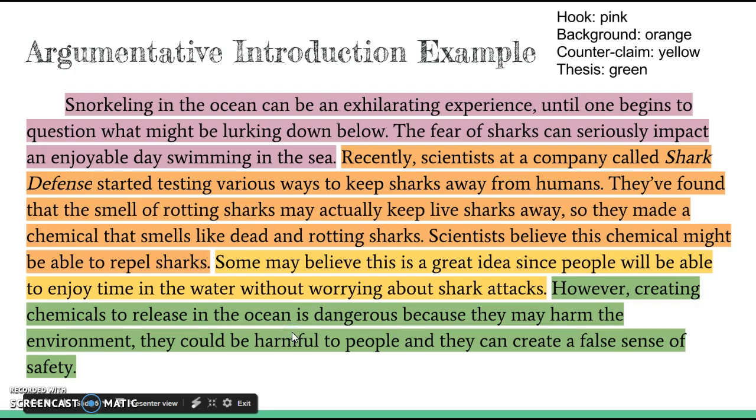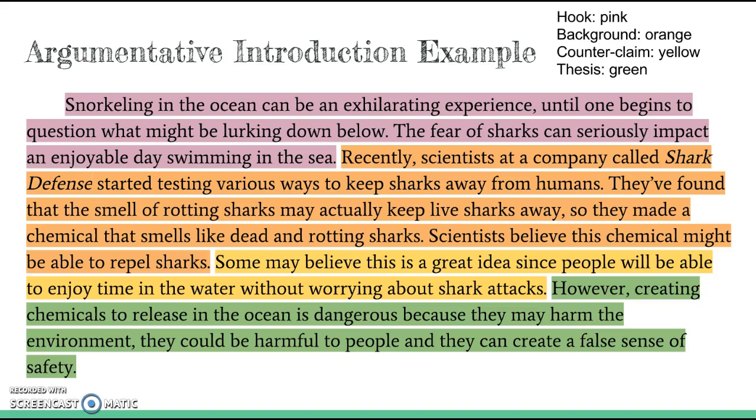Okay, so here is an introduction. If you think back to the objective summary screencast that I made last week, this example is based on the same topic about scientists releasing these chemicals in the ocean to try to repel live sharks. In this example, you will see that my hook is highlighted in pink.